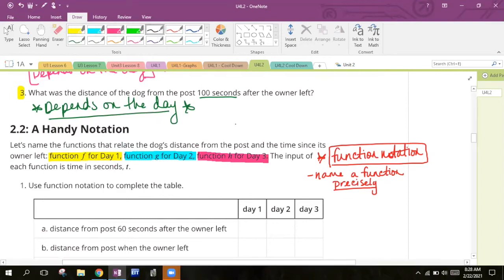All right, and then it says the input, remember the input is your X, of each function is the time in seconds. Okay, so once again, time is our input. Just like we talked about in lesson 1.